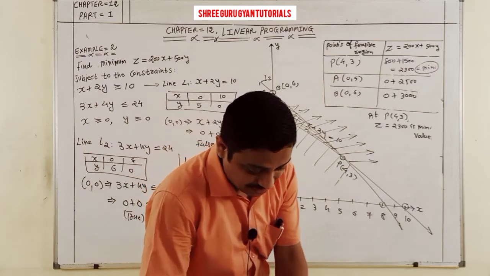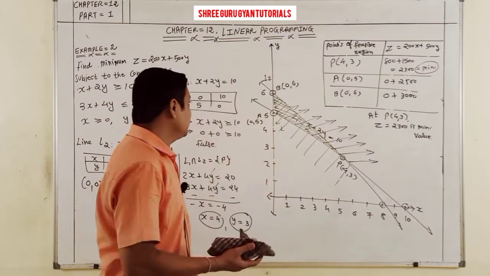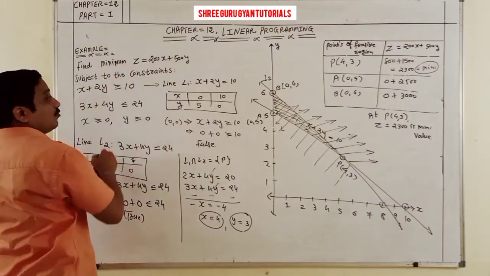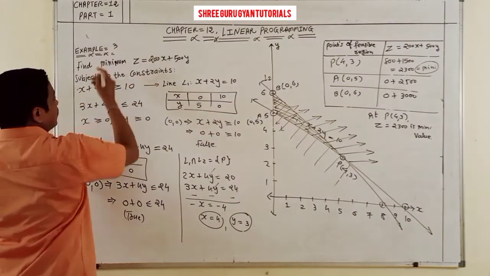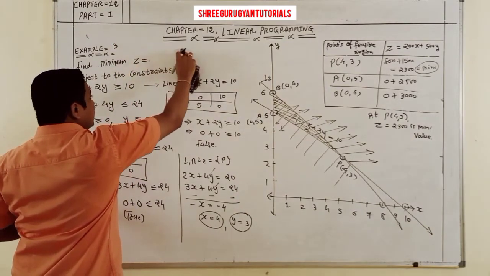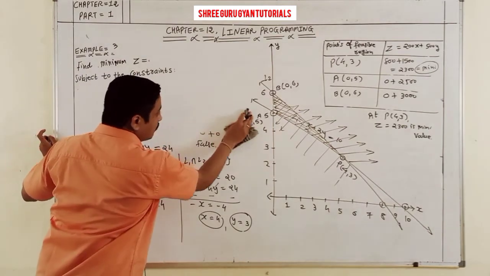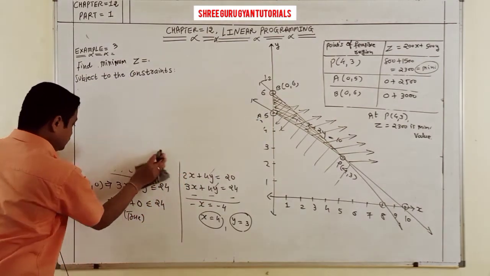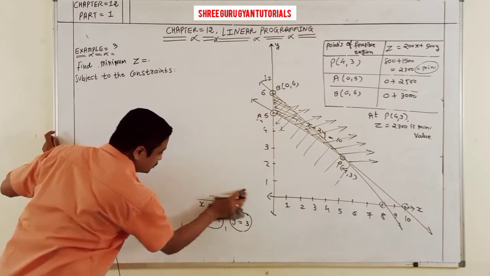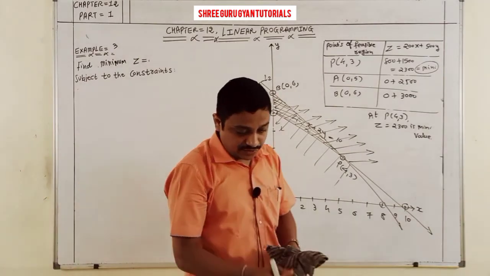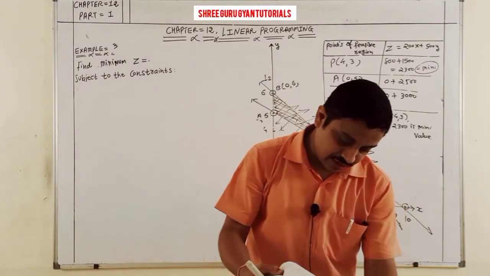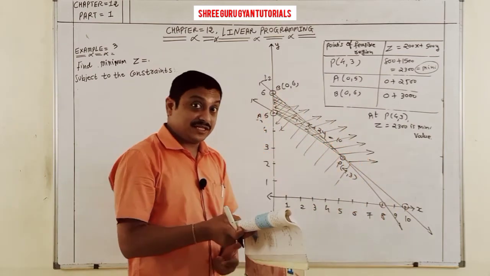Very easy. Now I continue going to example number 3. Yes, the 3rd is also very easy. Find out your Z given the subject to your values, as per your textbook. So in the 3rd one, find out the minimum and maximum both.